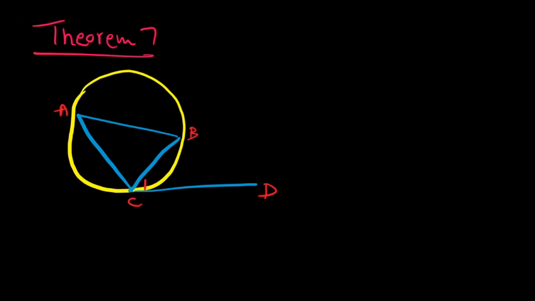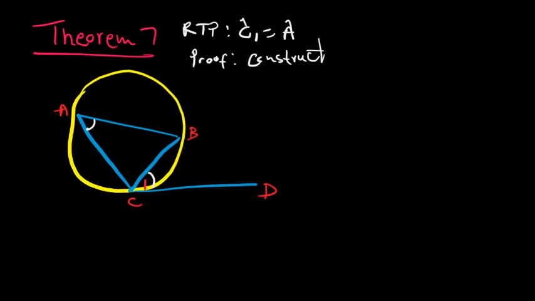You are required to prove that angle C1 is equal to angle A. So this angle here is equal to this angle here. That's what you are required to prove. The first thing you're going to do is construct COK, which is going to be your diameter.